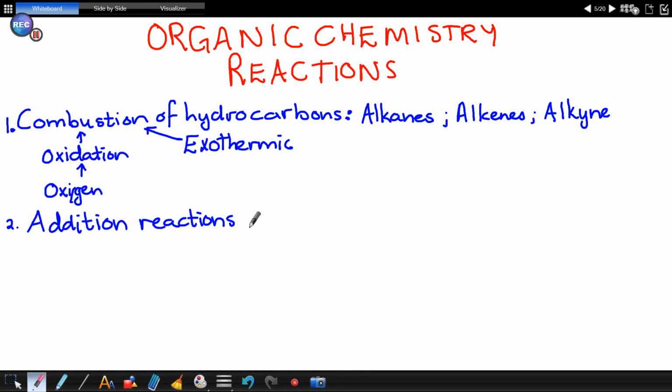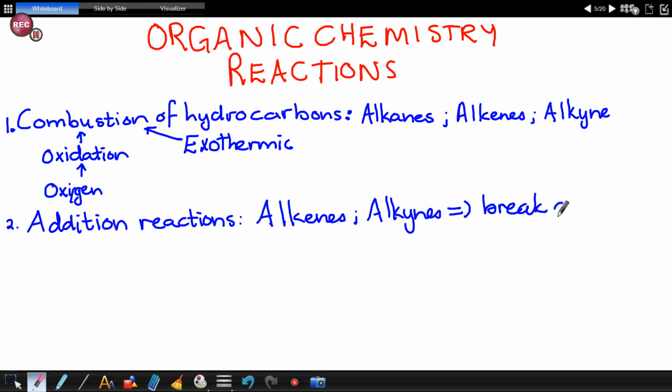Okay. Addition reactions are reactions of the alkenes or the alkynes, and you're going to break double or triple bonds to add atoms.